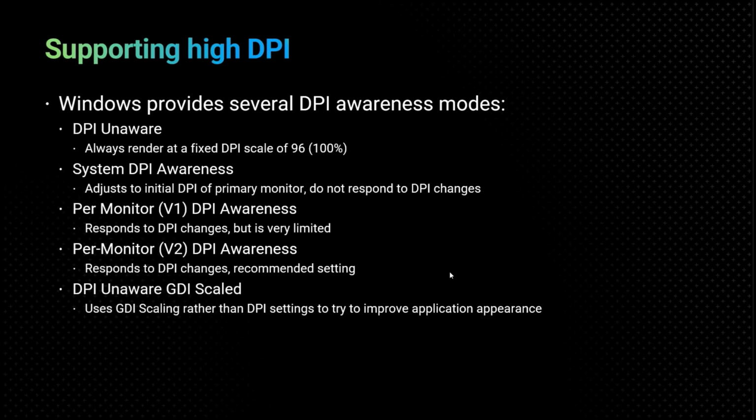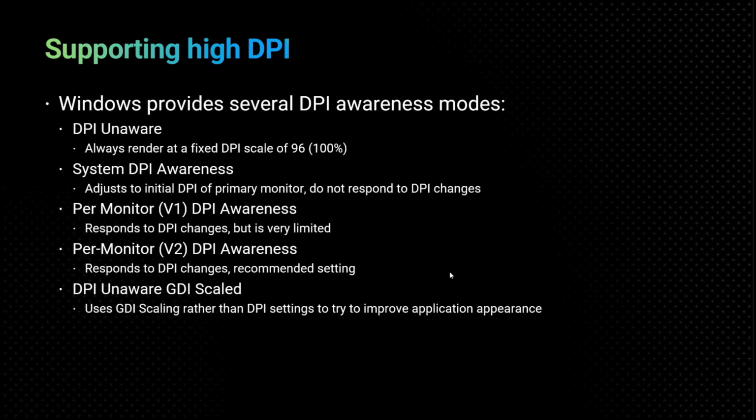The second option is what's called system DPI awareness. That means the application will adjust initially for the DPI of the primary monitor, but after that, it doesn't respond to any DPI changes. Another option is what's called per monitor version 1 DPI awareness.